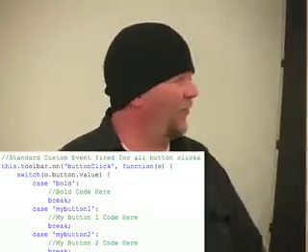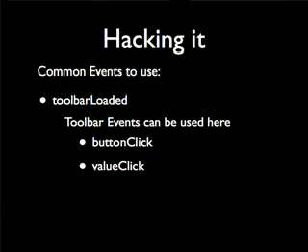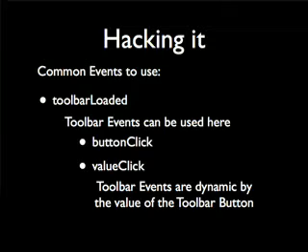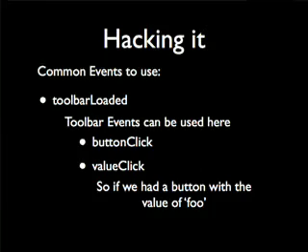Well, the other thing that toolbar does is it's got this unique set of events in it that I tend to call dynamic events. They don't really have a name. So you can't really say that they're, like, button click. A value click event is not a name. Value click will never get called. What if I put a button in the toolbar and I gave it a name of foo?